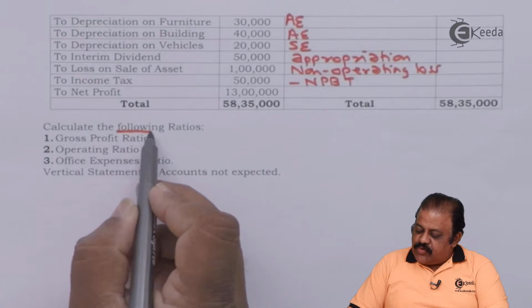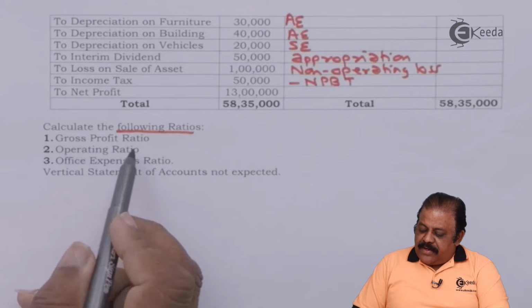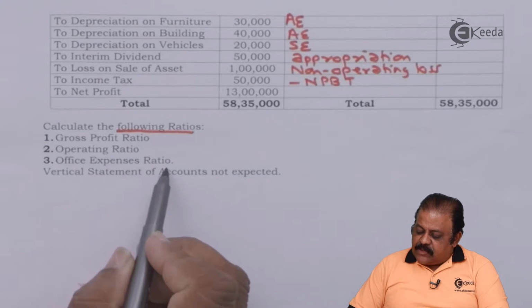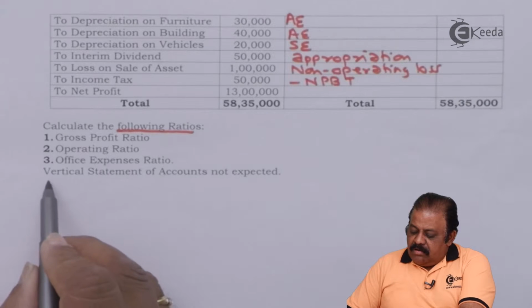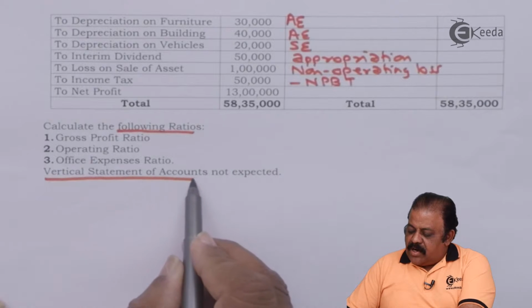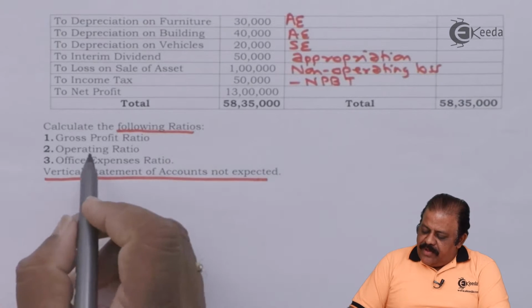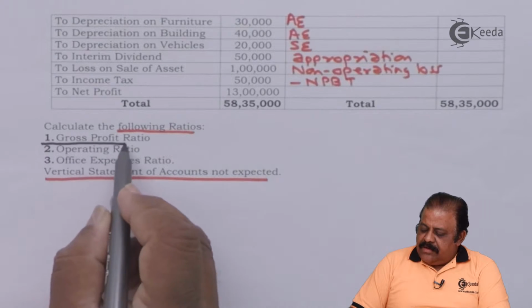Calculate the following ratios: gross profit ratio, operating ratio, office expense ratio. Vertical statement of accounts is not expected, clearly given. First ratio we have is the gross profit ratio.